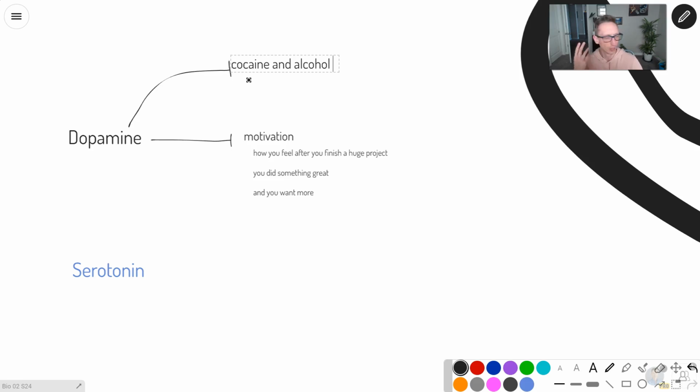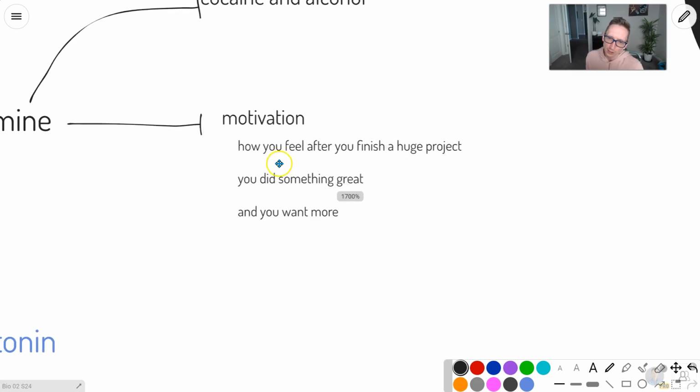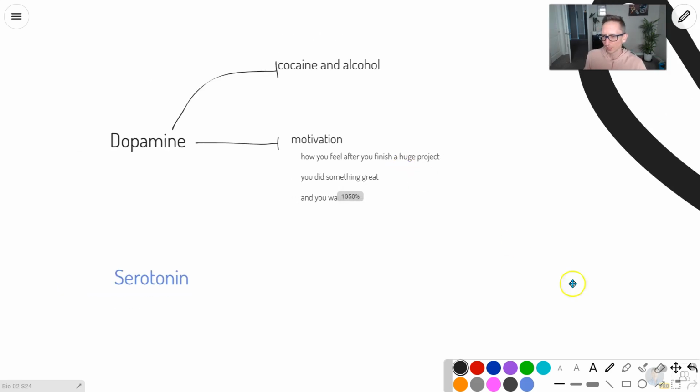But cocaine dumps a heck of a lot of dopamine in your brain, which is why you get addicted to it. It's like you just finished a huge project when you're on cocaine. Like you did something great, and then you want more of it. And then you actually get physiologically addicted to it.